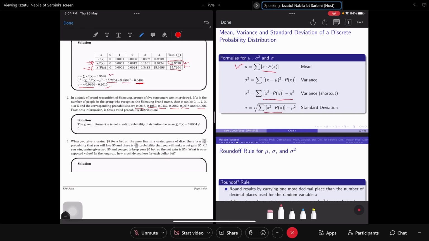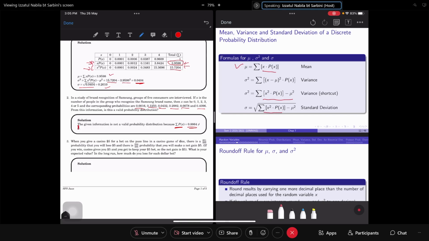Now, from this information, is this a valid probability distribution? How do you answer this? You need to sum all the probabilities px, and you will get 0.8864, which does not equal 1.